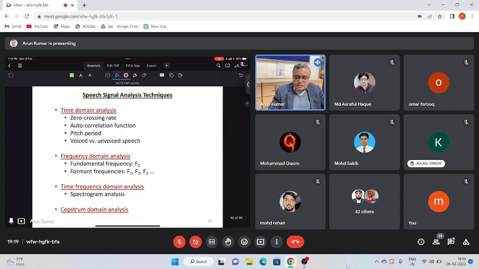Now, some of the methods for speech signal analysis pertain to time domain analysis techniques. So we have measures like zero crossing rate, autocorrelation function, the pitch period, and the voiced versus unvoiced speech classification.